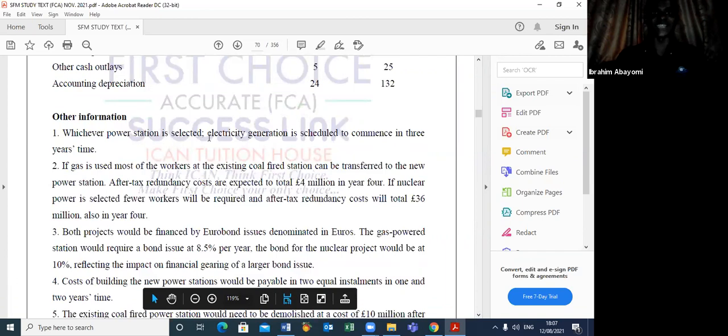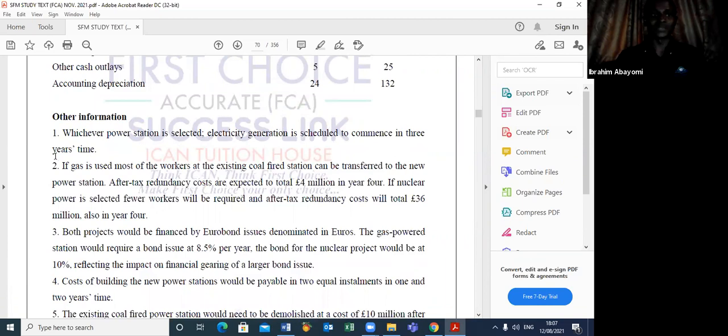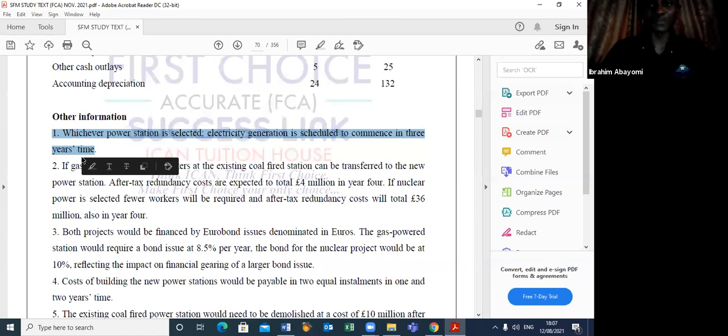Whichever power station is selected, electricity generation is scheduled to commence in 3 years' time. That's problem number one that can give you an issue if you have not seen this question before and you just come across it in your exam. Let us assume that we are presently in January 2021.